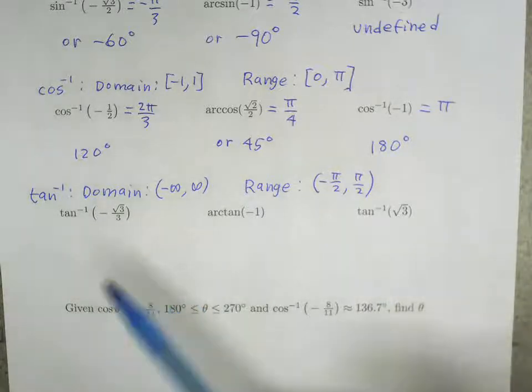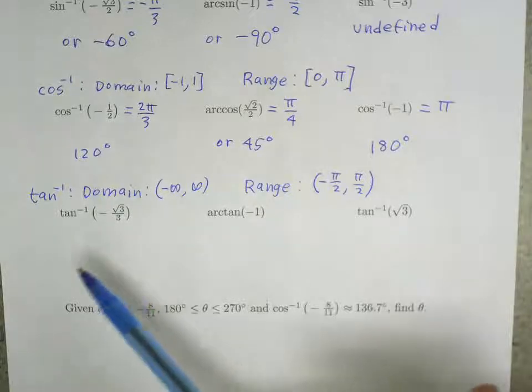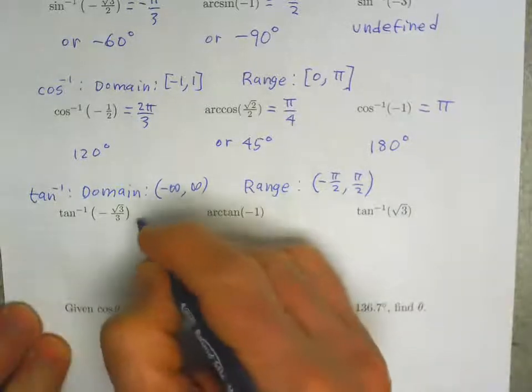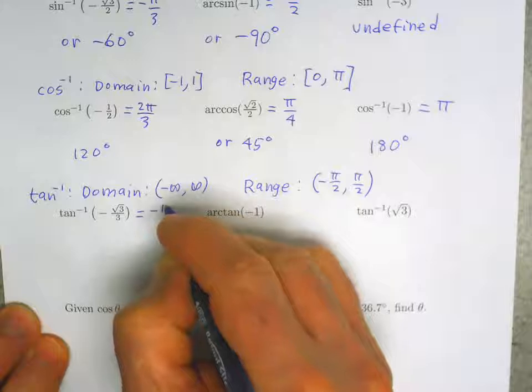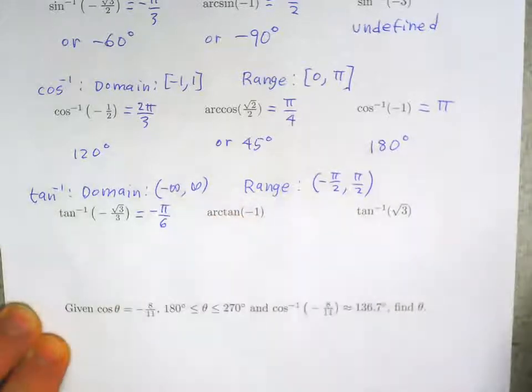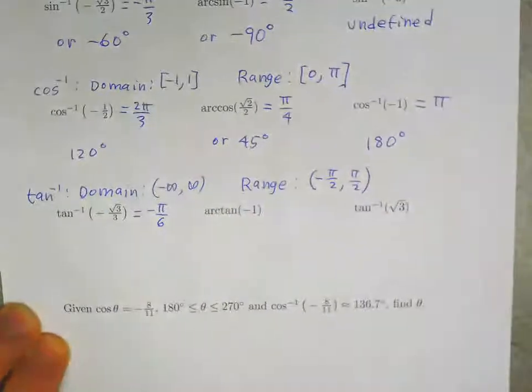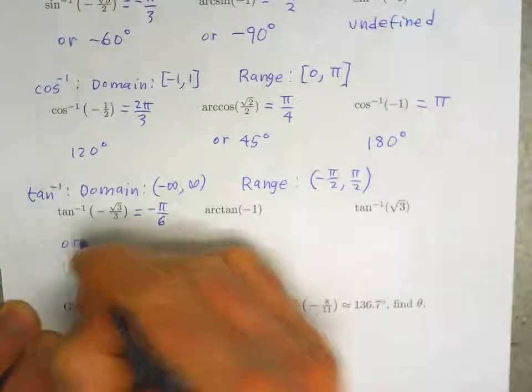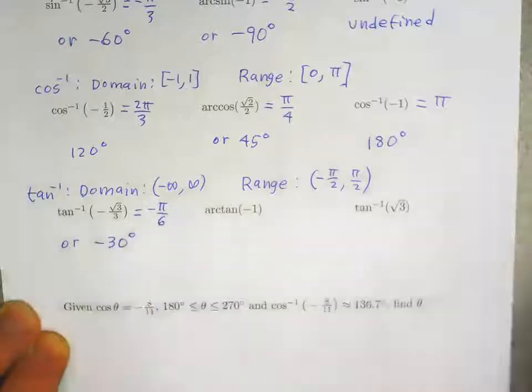So we know that the tangent of pi over 6 equals square root of 3 over 3. So this is going to be equal to negative pi over 6, or negative 30 degrees.